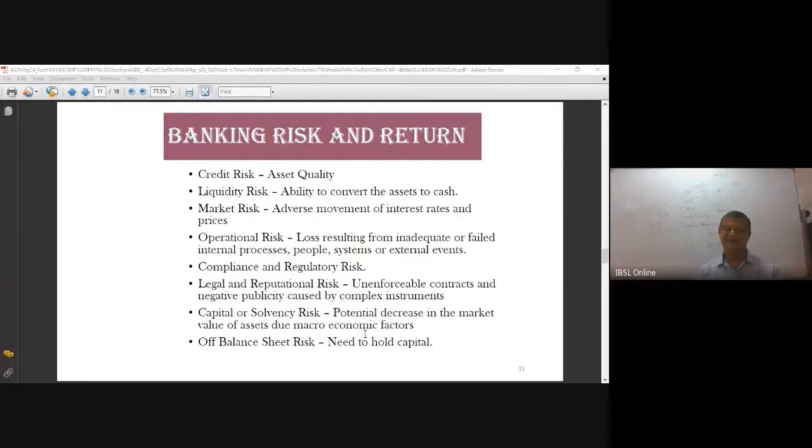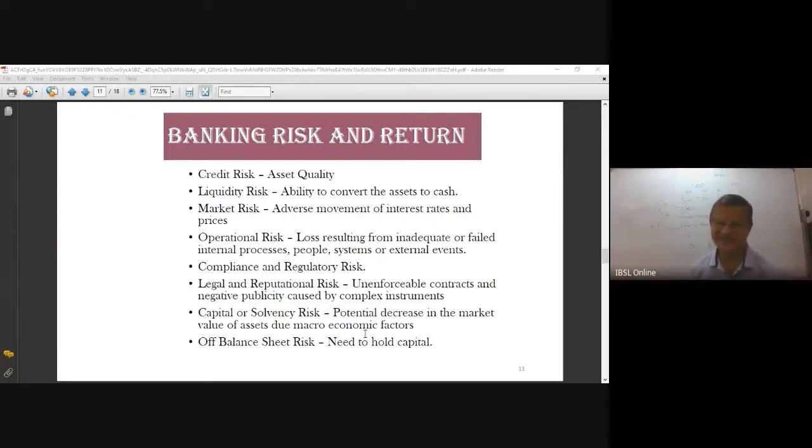Then operational risk, I just told you, is about processes, people, systems and external events. Compliance, I also explained to you, is about the regulator, the directions you receive from our regulator, the Central Bank of Sri Lanka, and if you're not following them, there are consequences.